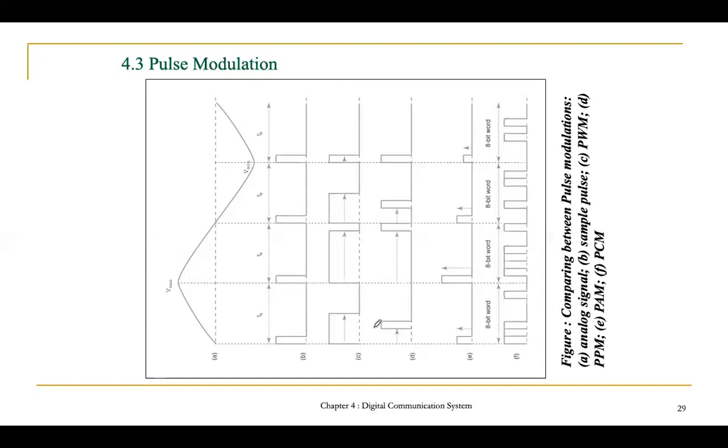If you look at the first one, pulse width modulation, this is Vmax. The higher the amplitude of the analog signal, the wider the width of the pulses.